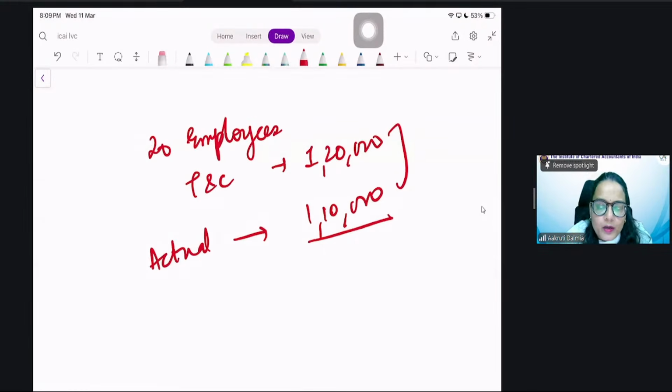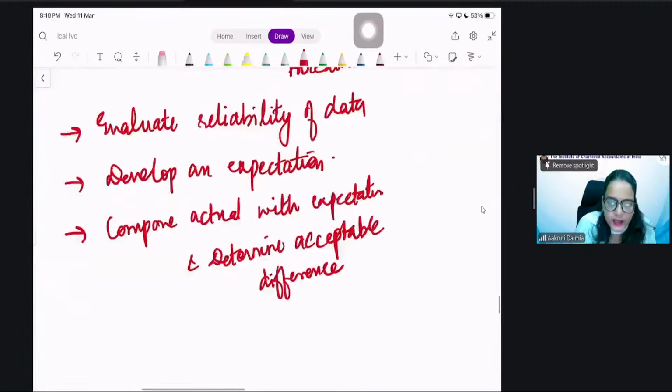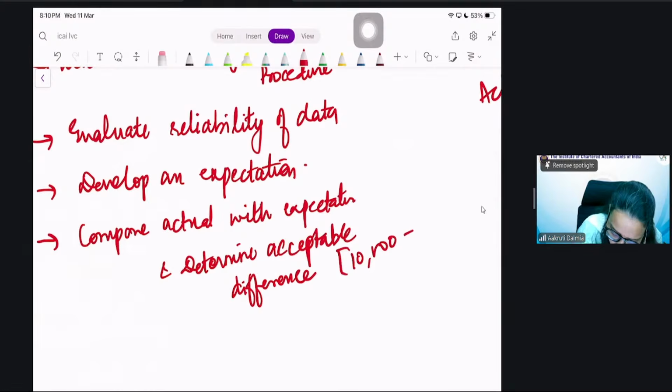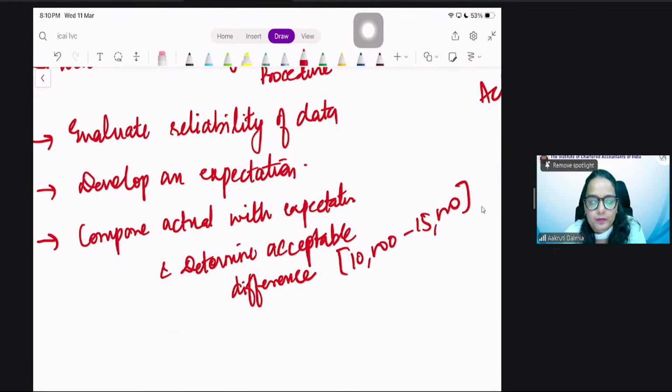But will it do to just think it, or do you have to write it down? So when you are making the plan, at that time itself you have to write, okay, acceptable difference is 10,000 to 15,000 rupees. We should note down what is my tolerable difference. How much difference is okay with me?